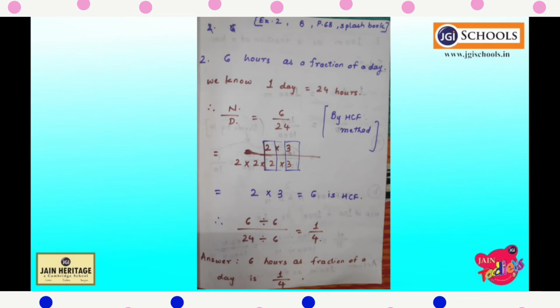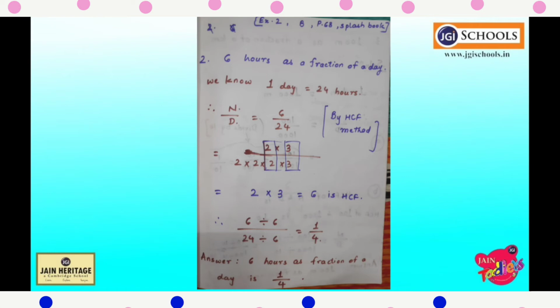In the second one, 6 hours as a fraction of a day. We know 1 day equals how many hours? 24 hours. So the numerator is 6 because 6 is given in the question, and the total is 24. So either take the HCF method or write the factors of those numbers, 6 and 24. So 2 and 3 are the factors and 2 3s are 6.